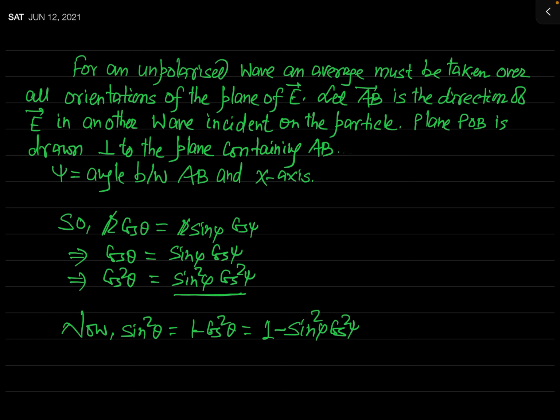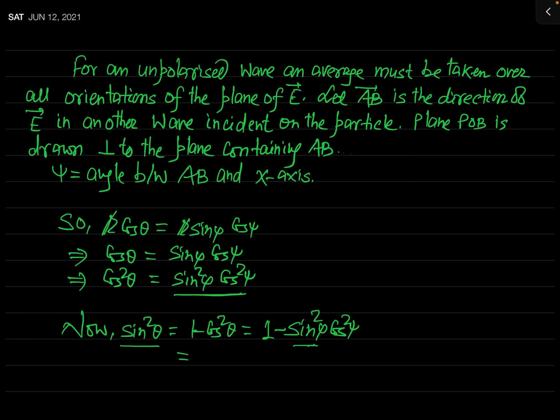In fact, till now in the RHS you can see there are two angles phi and psi, and our aim is to take the average value of this sin square theta in case of unpolarized light for all possible orientations of the electric field vector. And the electric field vector's orientation is actually governed by this angle psi. So we will take the average for all possible values of psi, but this angle phi is also present, so definitely we should change this term sin square phi in terms of cos phi.